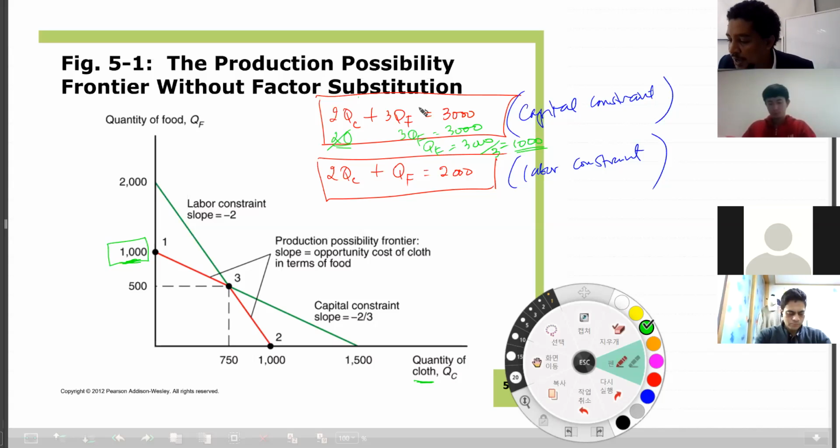And if we produce only clothes and 0 food, it means 2QC plus 0 is equal to 3000, right? Because we said we only produce clothes now. So 2QC is equal to 3000, so QC is equal to 3000 over 2, which is 1500.